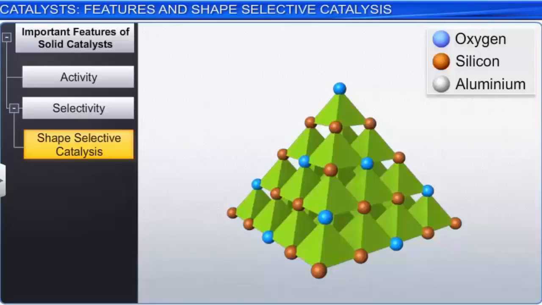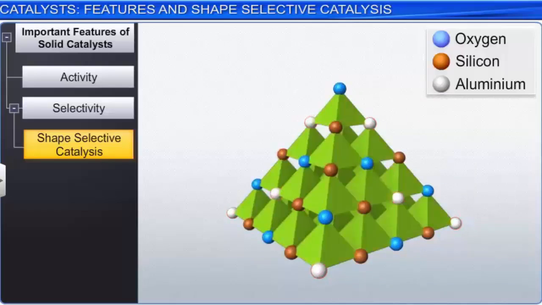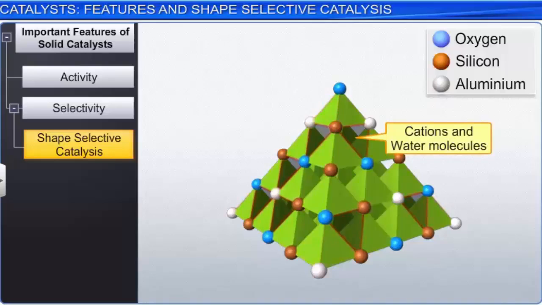In aluminosilicates, some silicon atoms in the tetrahedral structure of silicates are replaced by aluminium atoms, giving it an aluminium-oxygen-silicon type of framework, while the cations and water molecules are present within the pores.